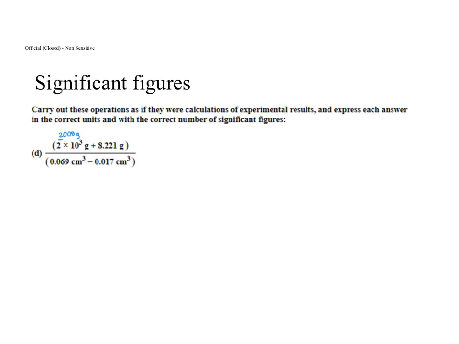So adding up these numbers, you would get 2008.221 grams, but actually you can only be confident in this number up to the nearest 1000 grams, which is 2000 grams. So this number should be rounded to the nearest one significant figure.